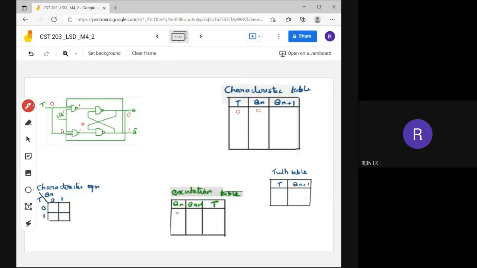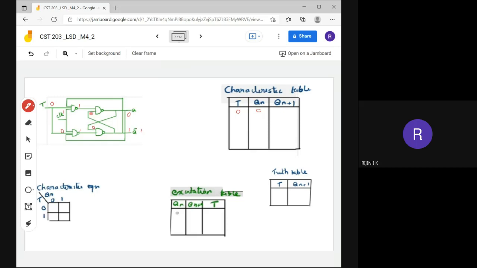Next, we need to find the next output. That means we need to find Q and Q bar. Here we are assuming that Q is 0, so that will be fed back here. So here it is 0 and it is 1. So with 1, 0, automatically the output will be 1.